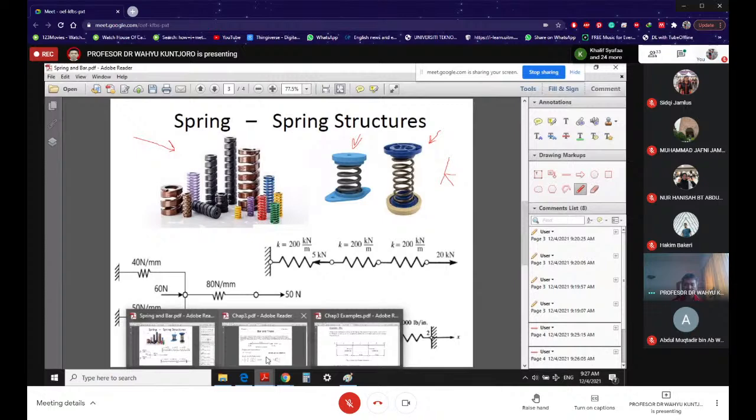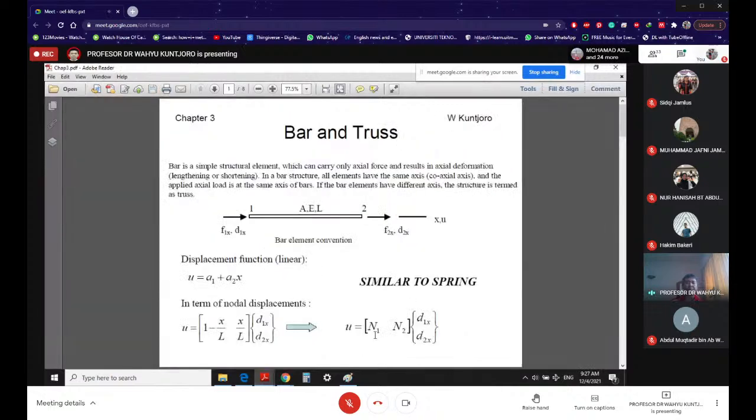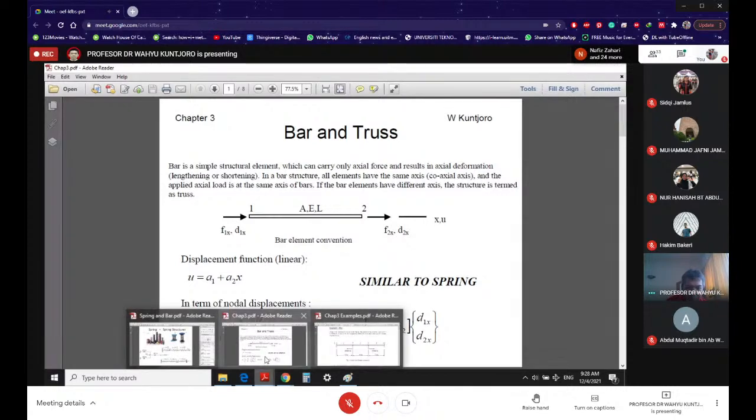Okay, so everybody, you have downloaded this chapter. I think it is chapter 2, but somehow it is written as chapter 2 while we are talking about bar. Sorry, this is bar. I need to go to spring.